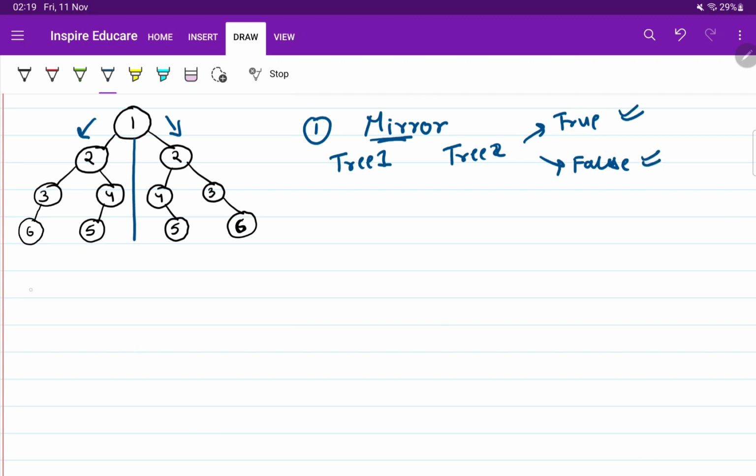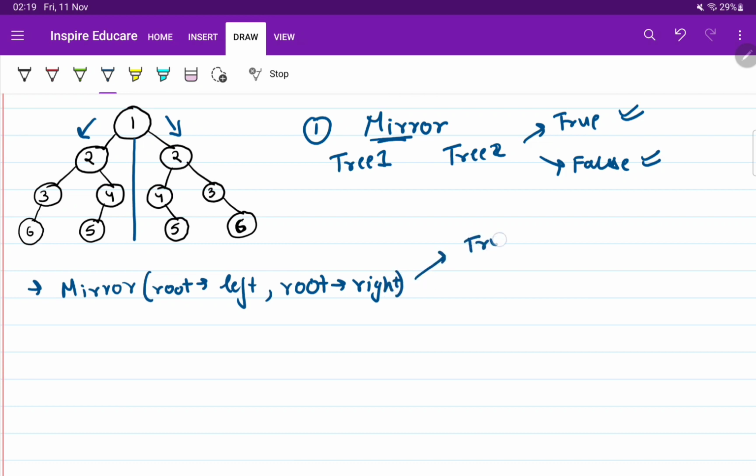So can I say, if I give the root of left and root of right to this mirror function, if it returns true, then that means our tree is symmetric, and if it returns false, then that means it is non-symmetric, right?